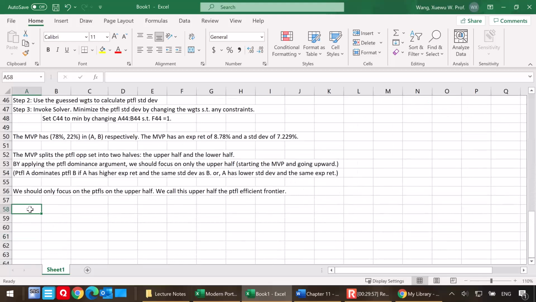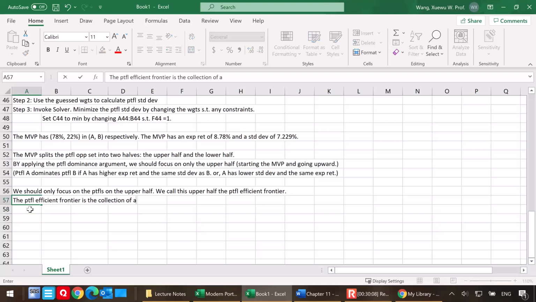All right. So, in other words, okay, the portfolio efficient frontier is the collection of all efficient portfolios. All right. So, now I have to define what is portfolio efficiency. All right. So this actually is related to the portfolio dominance argument I just explained. All right.